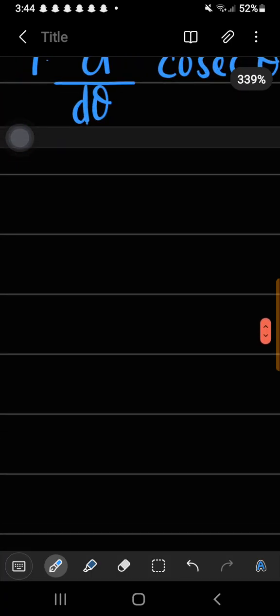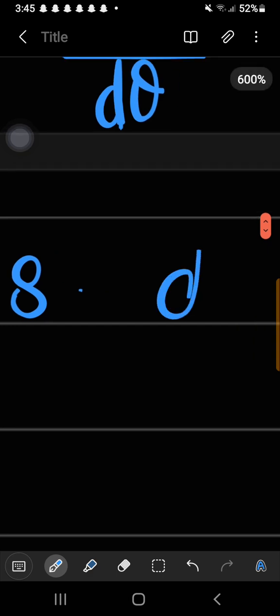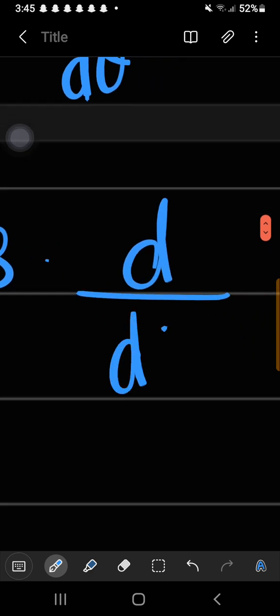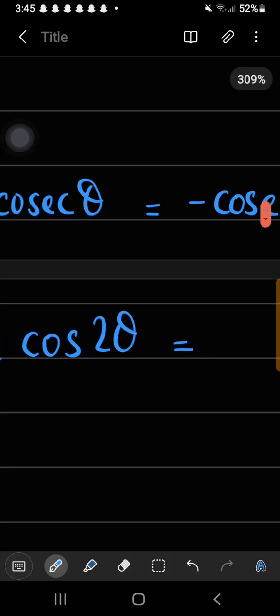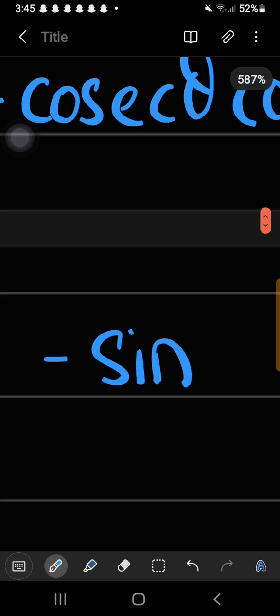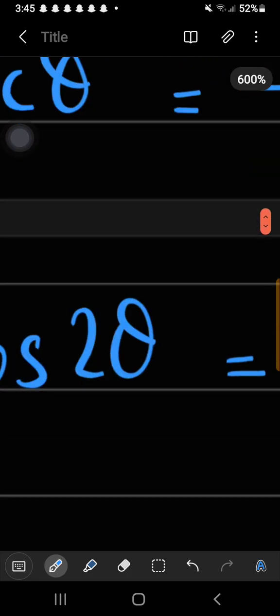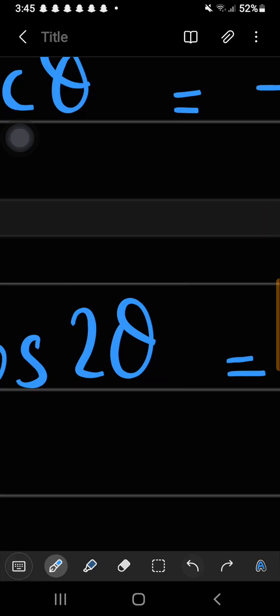Okay, let's move ahead. For eighth property, d over d theta of cos 2 theta. Okay, what is the differentiation of cos? It is negative sine, so it will become negative sine theta, and the differentiation of the inside will be 2, so multiply it by 2.